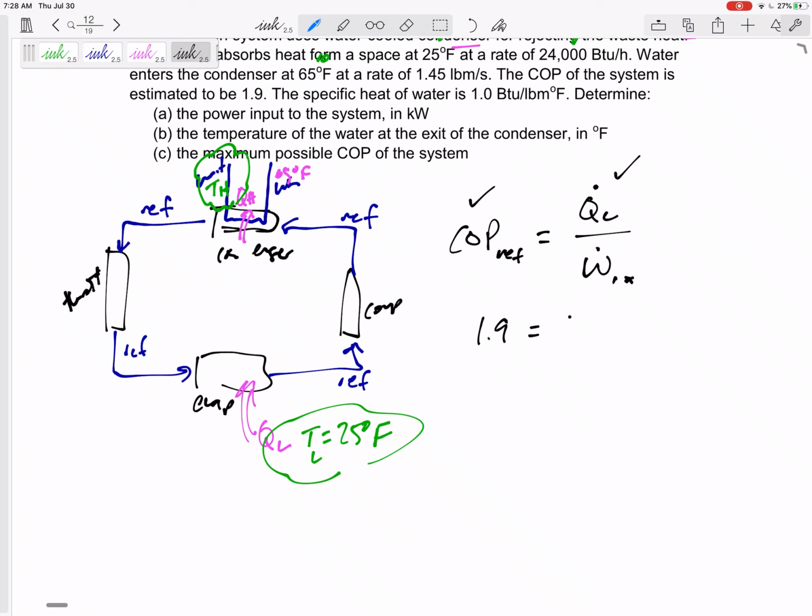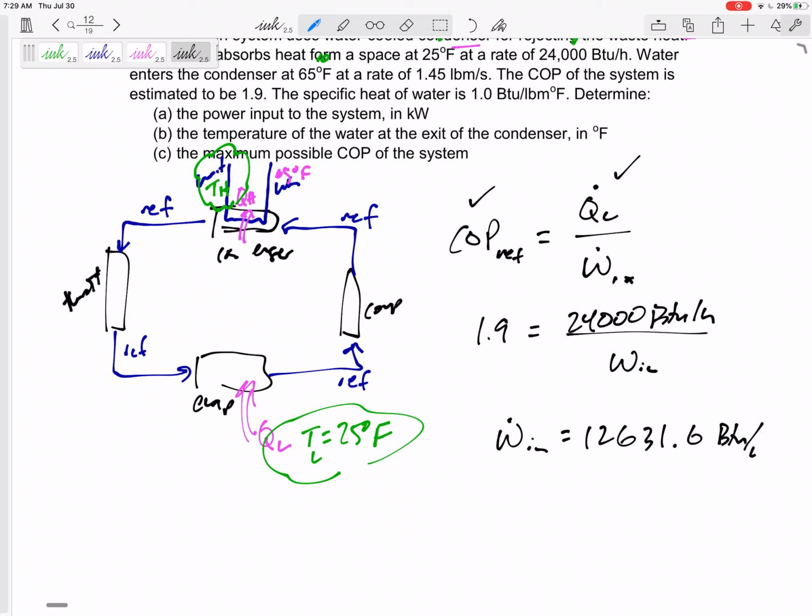Let me start with that. 24,000 BTU per hour divided by 1.9 gives 12,631.6 BTU per hour.